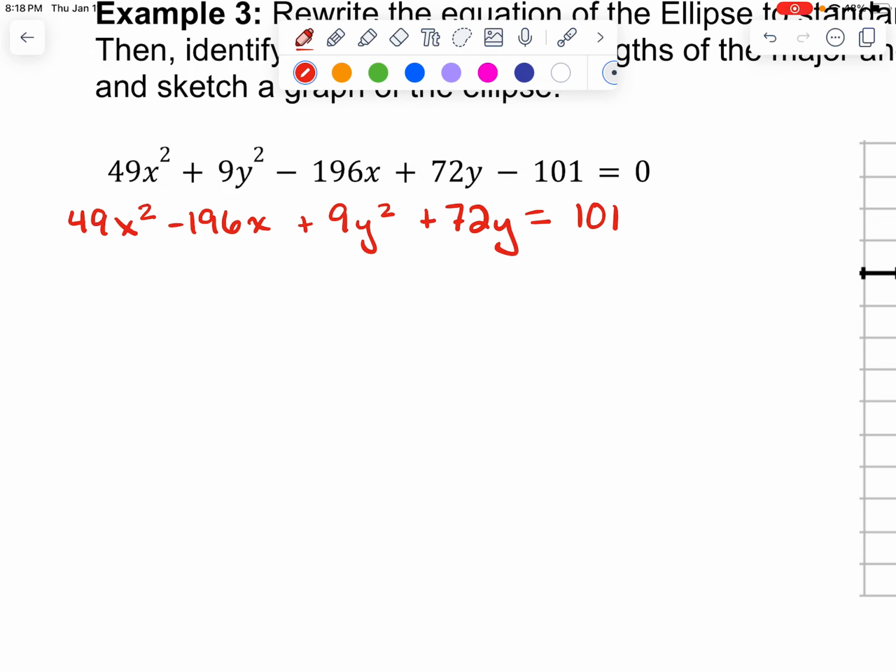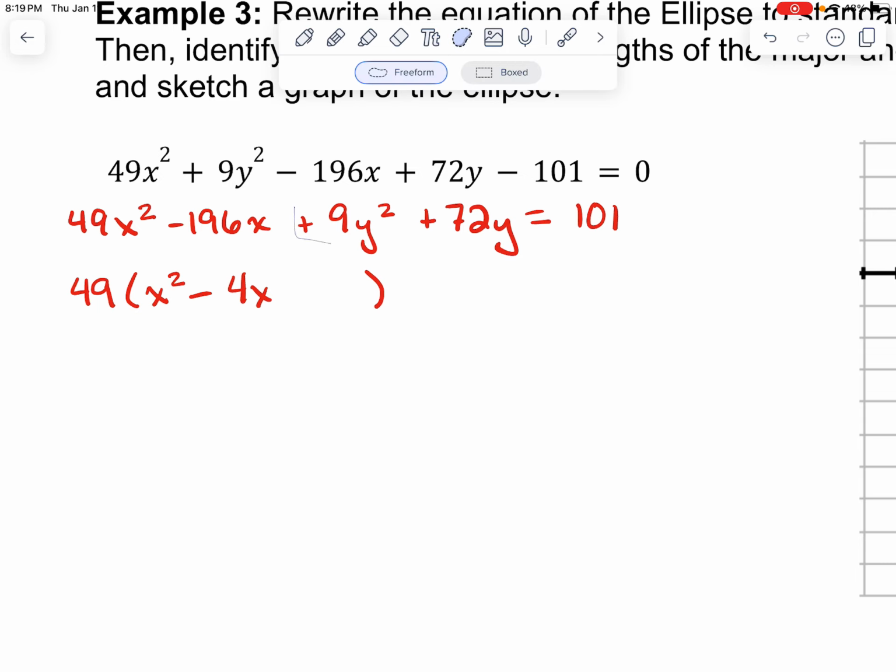So the next thing I'm going to do is factor out that 49. So 49 comes out in front, and I have left over x squared, and then 196 divided by 49 is 4x. And then I'm going to leave a space so I'll be able to complete my square.